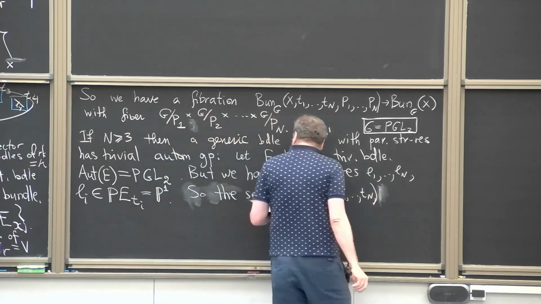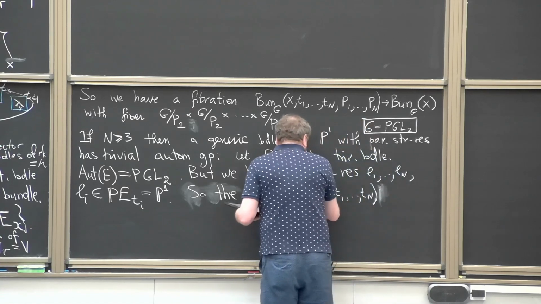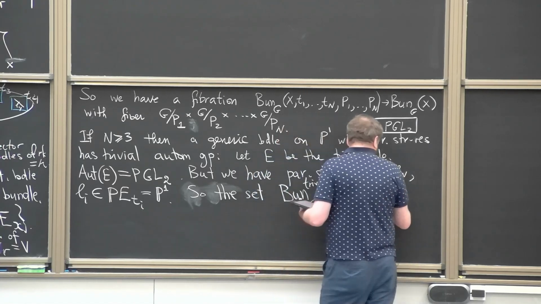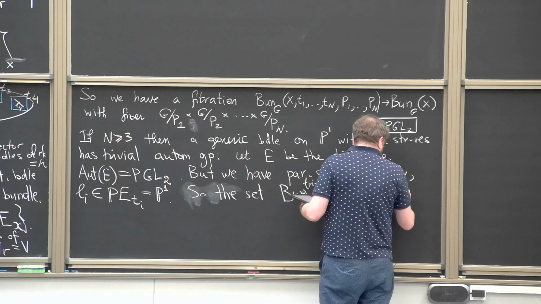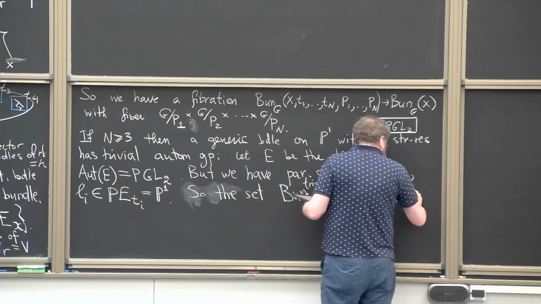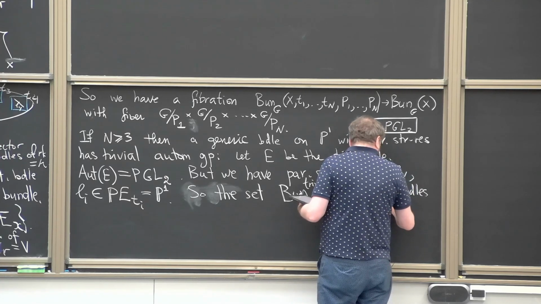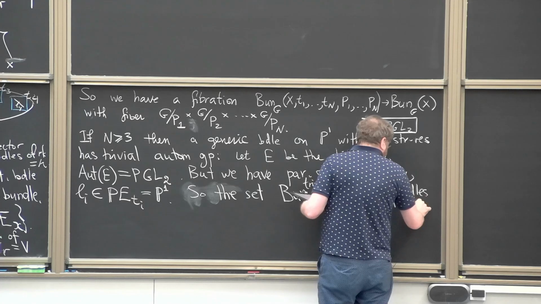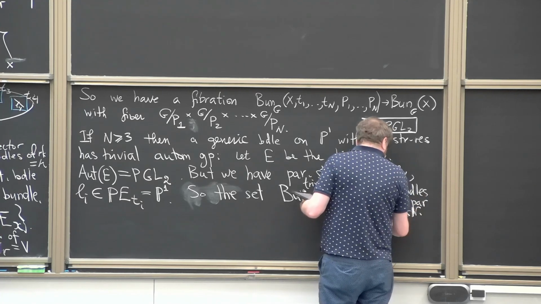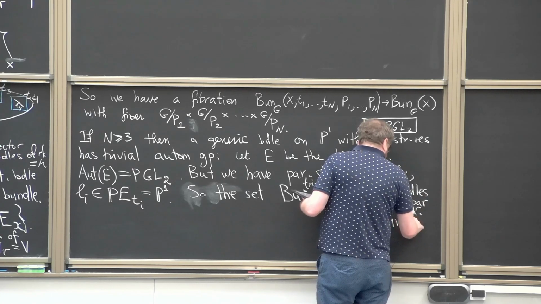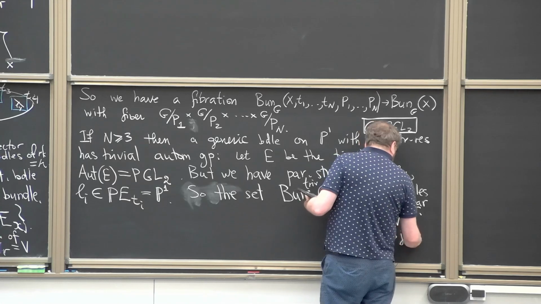And so the set, let me write triv, of parabolic bundles with parabolic structure, which are trivial as just vector bundles.